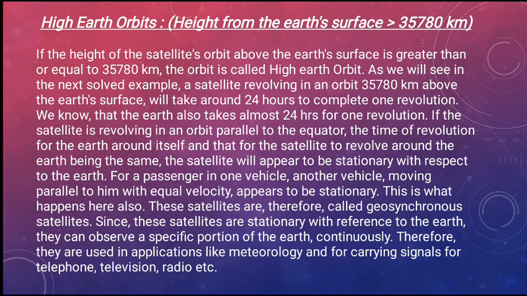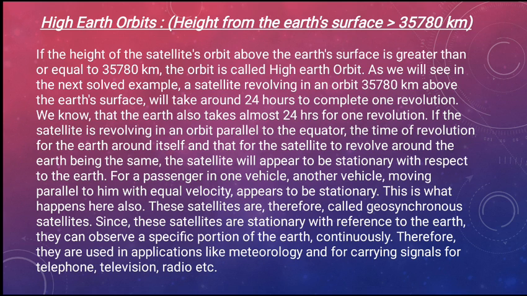If the height of the satellite orbit above the Earth's surface is greater than or equal to 35,780 km, the orbit is called high Earth orbit. So children, if the orbit has a height above or greater than 35,780 kilometers, that particular orbit will be called the high Earth orbit.